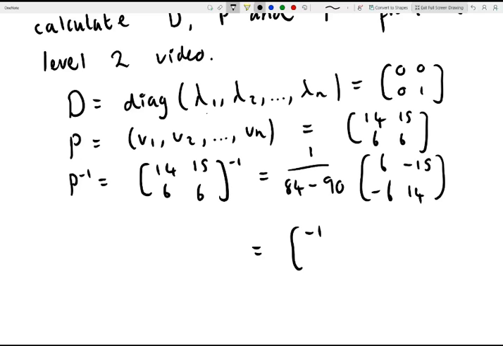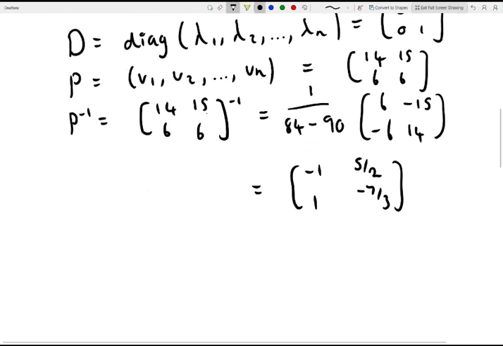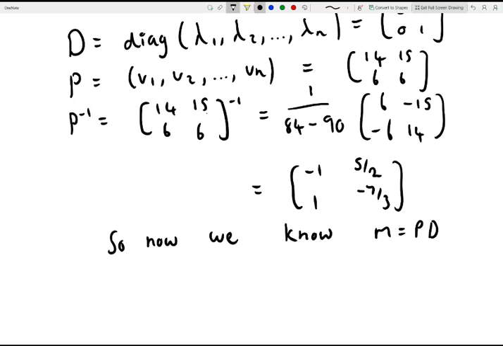And this gives us minus 1, 5 over 2, 1, and minus 7 over 3. So now we know the diagonalization: M equals P, D, P inverse.